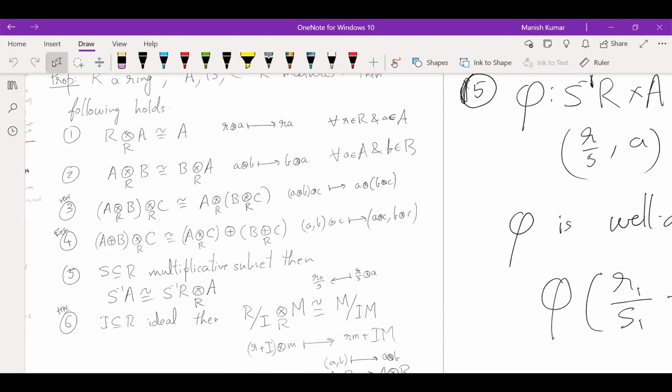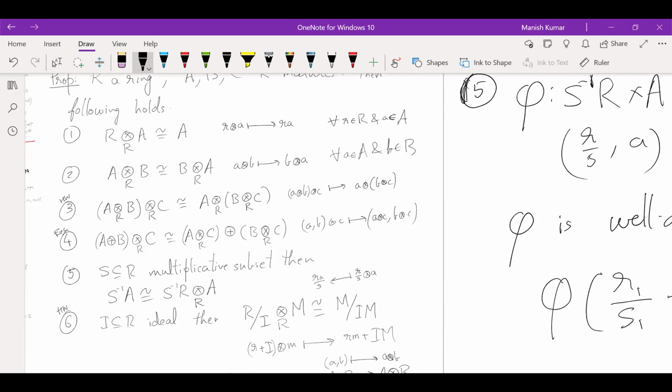So A direct sum B tensor with C is the same as A tensor C direct sum B tensor C over R. There is a typo, which no one pointed out. And again, the map is sort of natural.